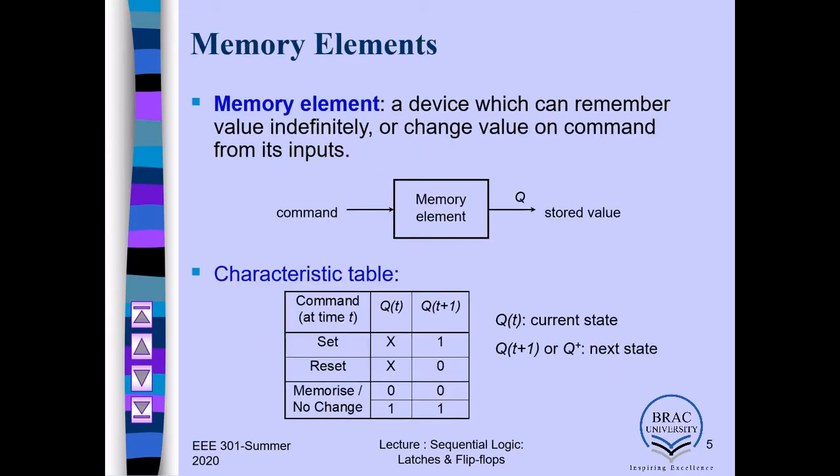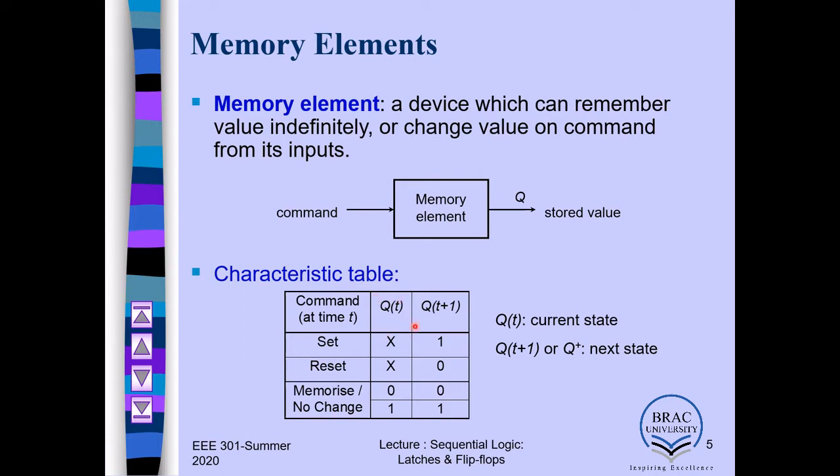Memory elements. A memory element is a device which can remember a value indefinitely or change value on command from its input. So it can change the value if you give any command. The characteristic table is like that. You give the command: set, reset, memorize or no change.